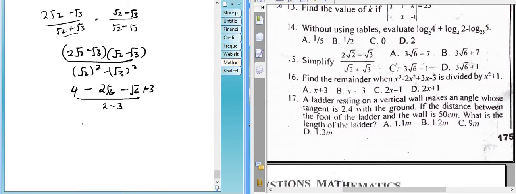Then 3 plus 4 is 7, minus 2 root 6 minus root 6 is minus 3 root 6, all over minus 1, which is exactly equal to minus 7 plus 3 root 6, which is equal to 3 root 6 minus 7. So the answer is 3 root 6 minus 7, that's option A.